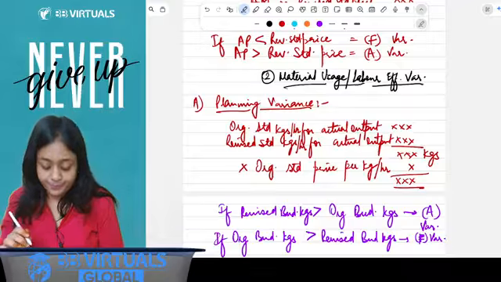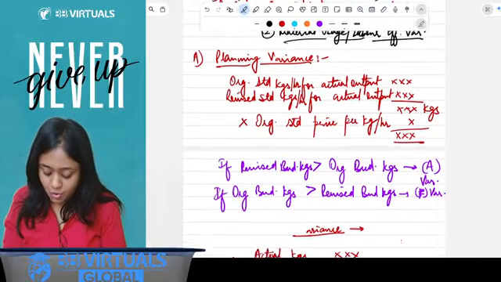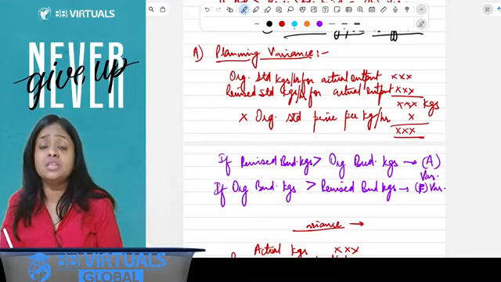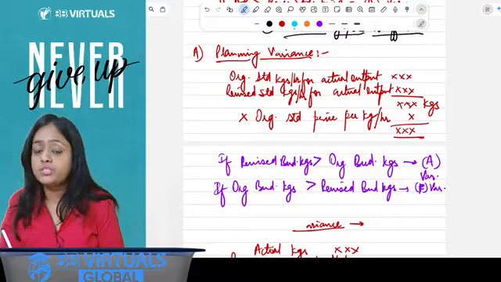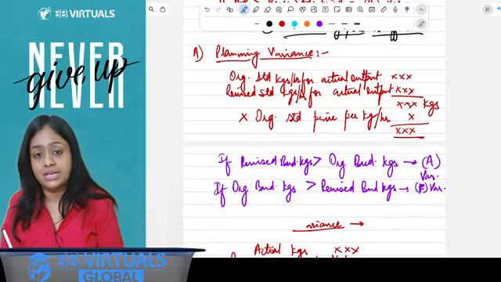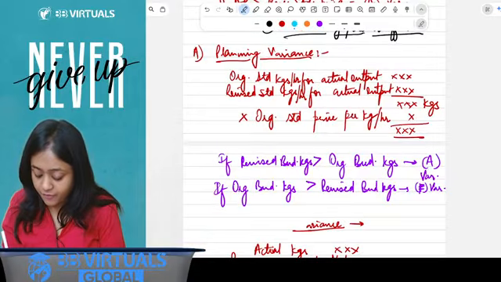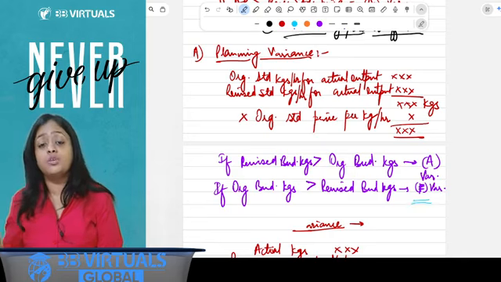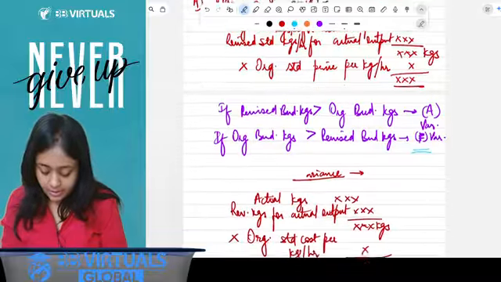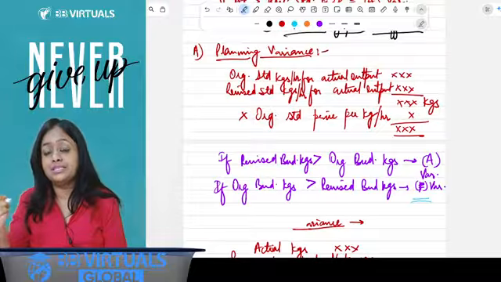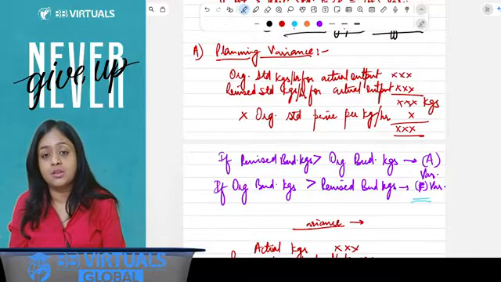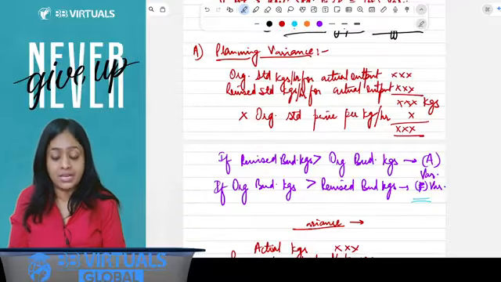Again, efficiency will be with respect to kgs and hours. So if your original standard kgs are more than the revised standard kgs, it is a favorable variance, because on revision you have reduced it. So everything remains the same, just that like we compared the standards and the actuals, here you'll compare the original standard and the revised standard.